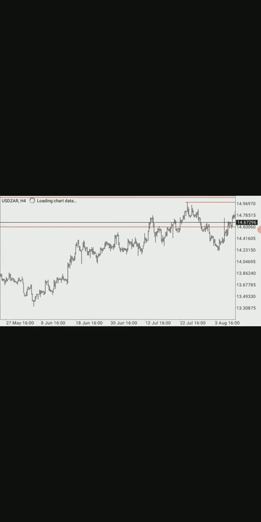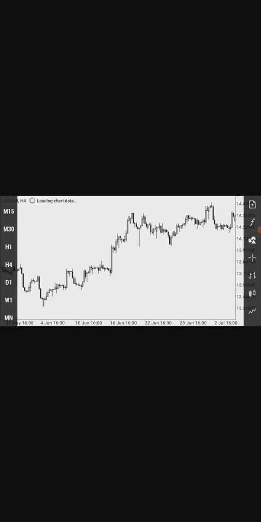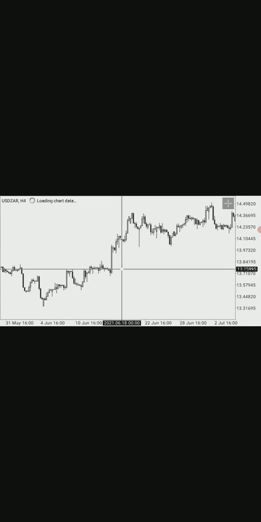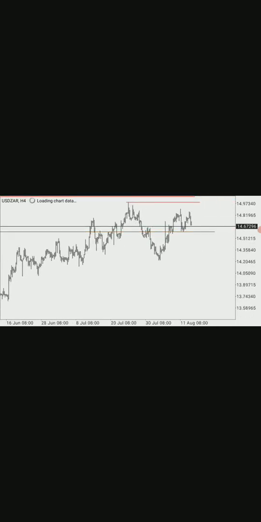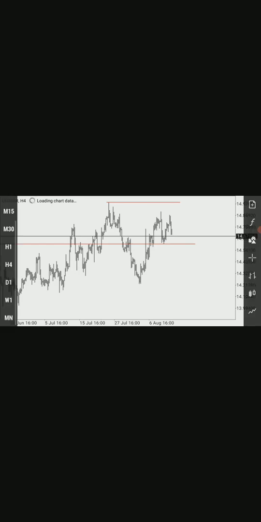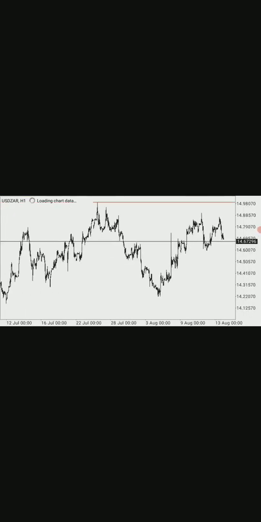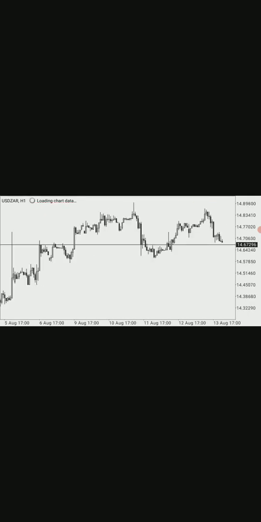We could likely see it trading downwards and then filling up this FVG. So that's what I will be expecting for this pair. Let's look at the 1 hour. Nothing much, still the same thing.